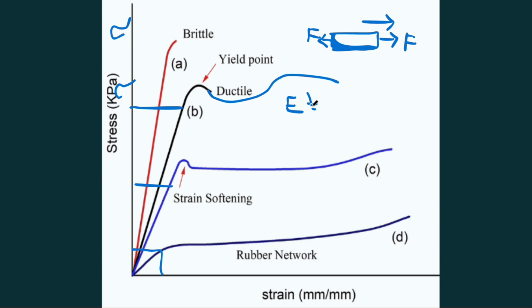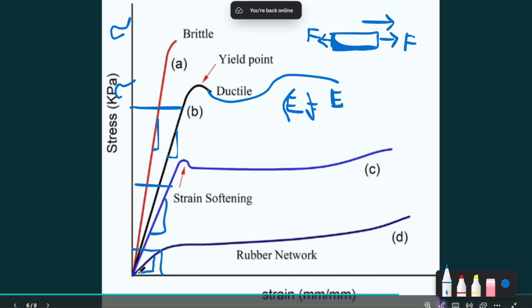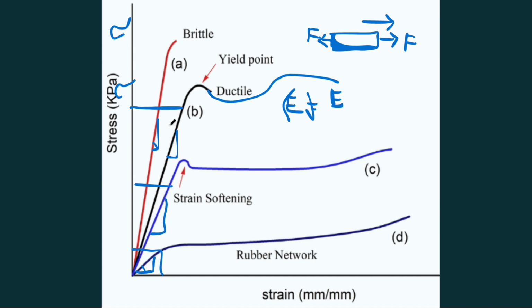This is Young's modulus E. For example, you can see the rubber has a really small angle here, and the brittle has a really big angle here.